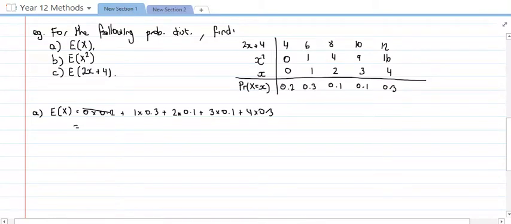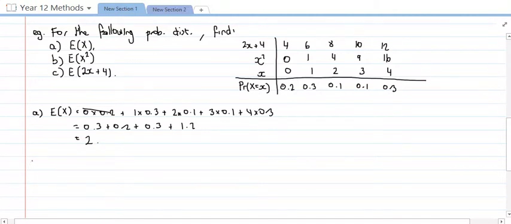We've got 1 times 0.3, which is 0.3. We've got 2 times 0.1, which is 0.2. We've got 3 times 0.1, which is 0.3. And we've got 4 times 0.3, which is 1.2. And so adding those together, what have we got? We've got 0.6, 0.8, so we've just ended up with 2. So 2 would be the expected value there.